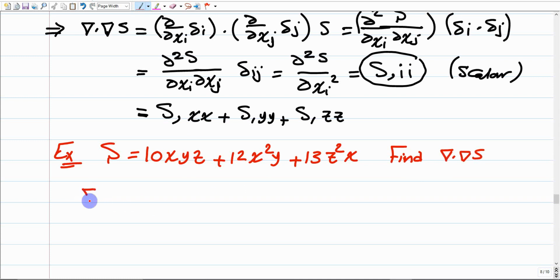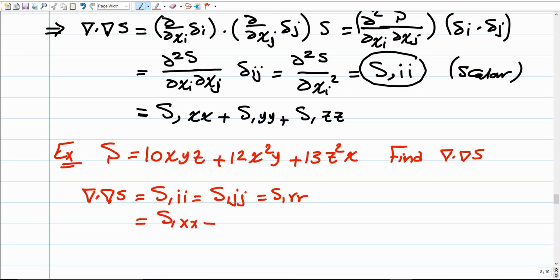As we agreed, if you start from scratch, we're going to end up with s comma ii, and you should understand that s comma ii is typically the same as s comma jj or s comma rr. You can use any index, that is fine. The expanded form of this s comma ii, for example, is going to be s comma xx plus s comma yy plus s comma zz, which is going to give us a scalar field.